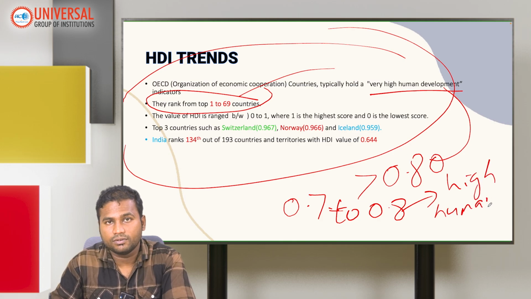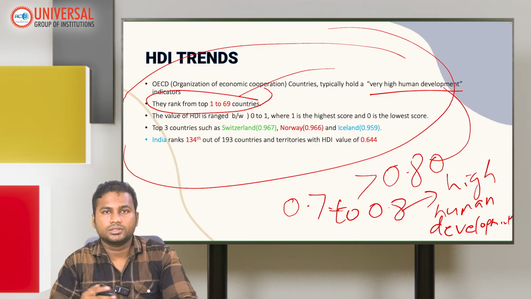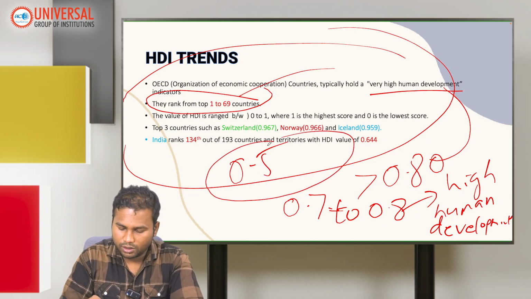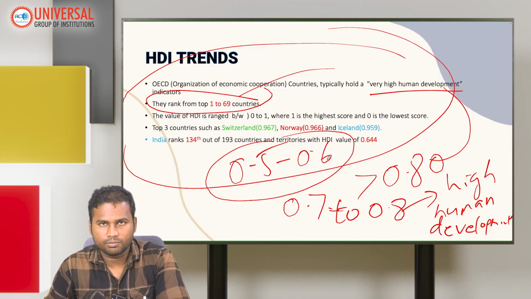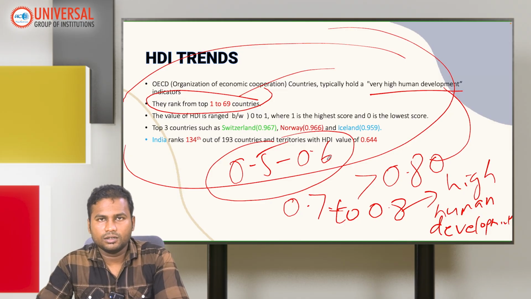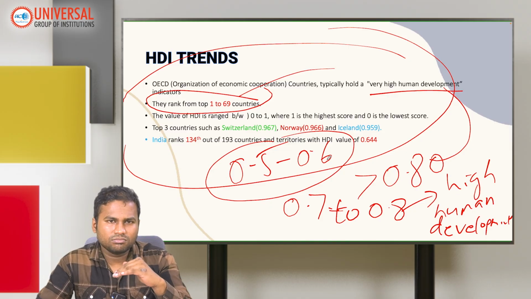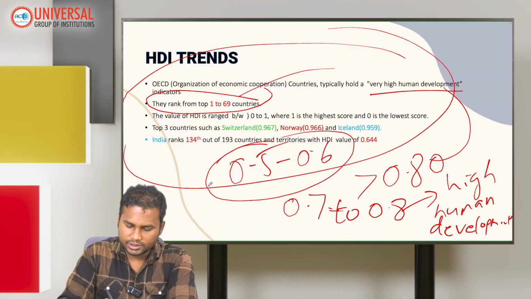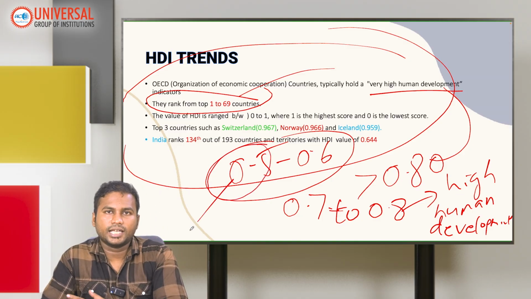Countries with more than 0.5 to 0.6 have an average human development, or they fall under developing economies. They are somewhat improving but not to a major extent. Less than 0.5, they have a low human development ratio.